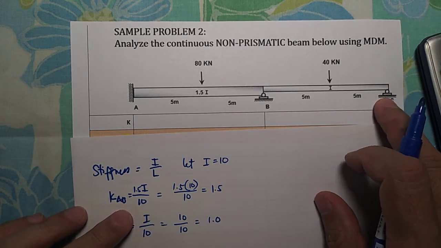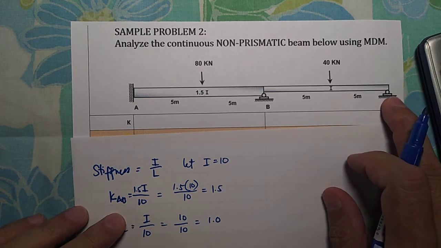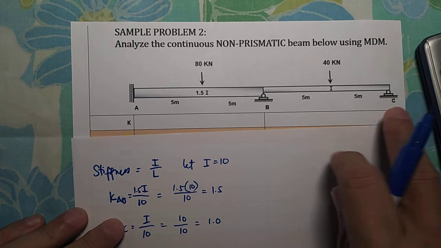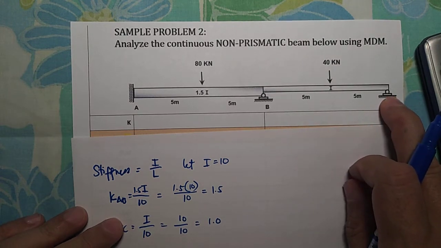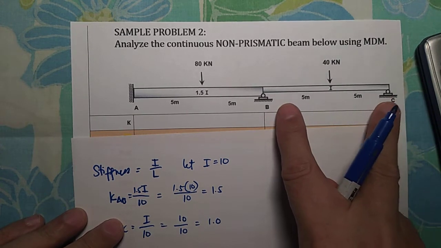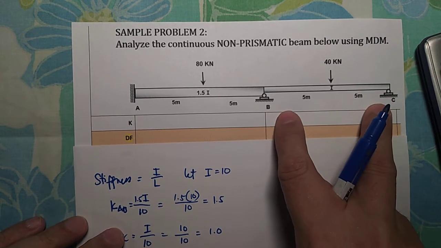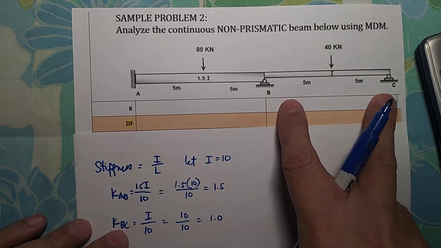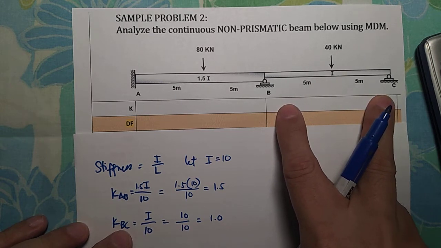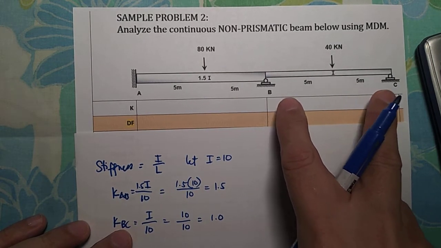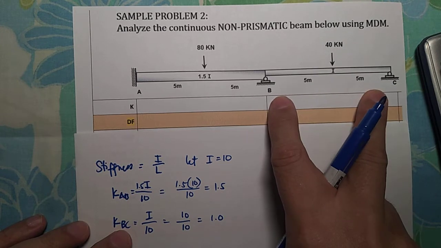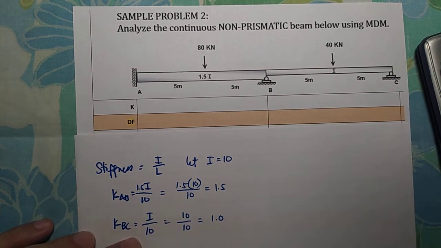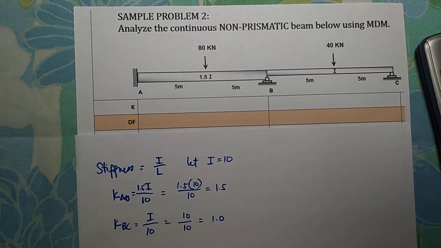So whenever we have a certain span with moment at support equal to 0, we could modify the stiffness on this member. How? By multiplying by 3 over 4 or 0.75. So dun lang natin i-modify ito, kasi ito lang yung member span na meron siyang moment equal to 0.